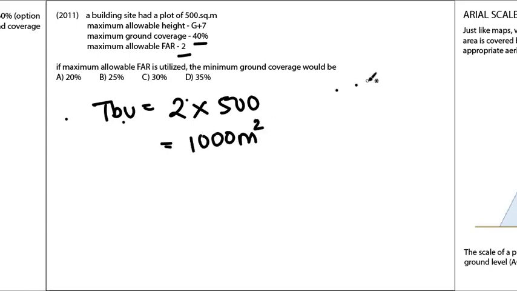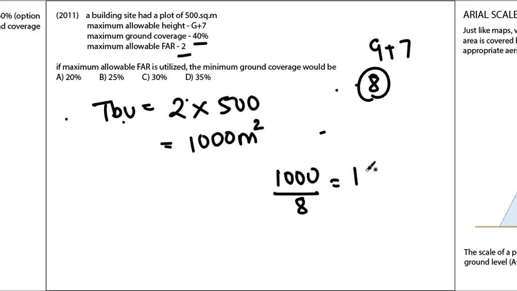Now we have 8 floors, that is G plus 7 is equal to 8. So per floor area will be 1000 divided by 8, that is 125 meters square. So this is the ground coverage. Since all the floors have uniform area, ground coverage is 125 meters square. Now they have asked in percentage. All the values are in percentage.